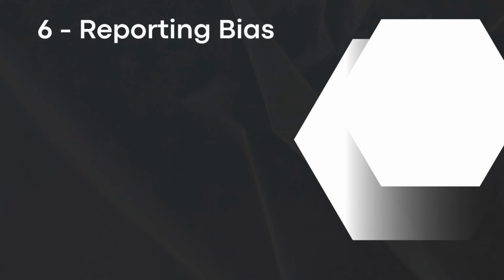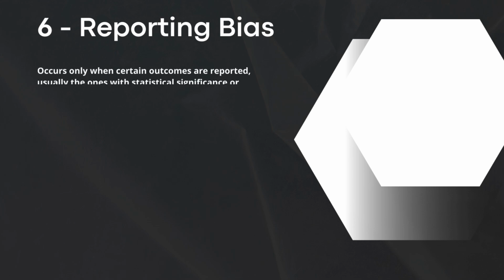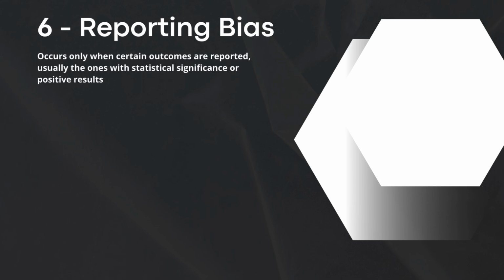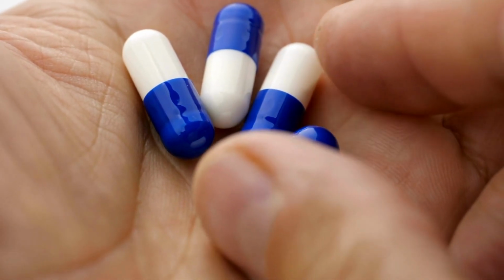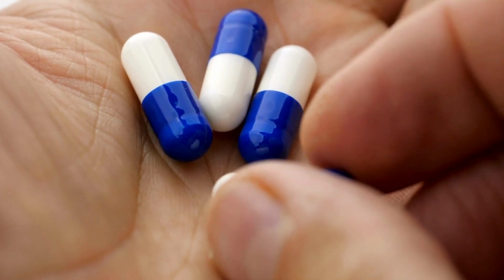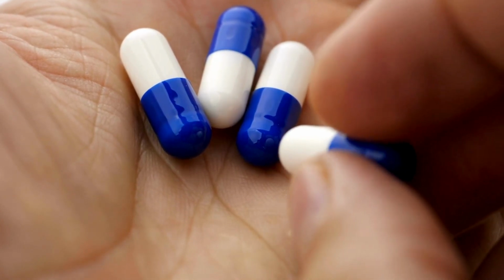The sixth type of bias is the reporting bias, and here reporting bias occurs when only certain outcomes are reported, typically those that show statistically significant or positive results, while other outcomes are unreported or omitted from the results. And a study may only publish results that support the efficacy of a drug without mentioning the safety data.